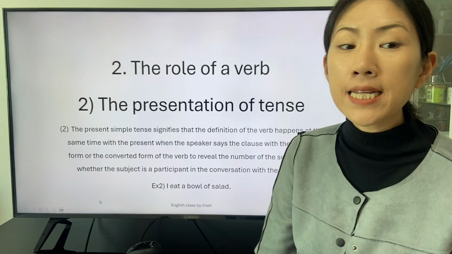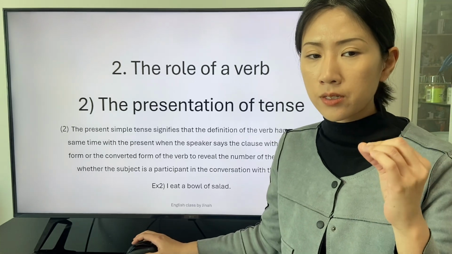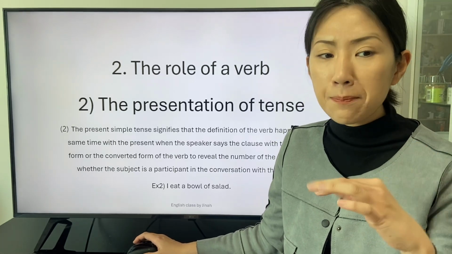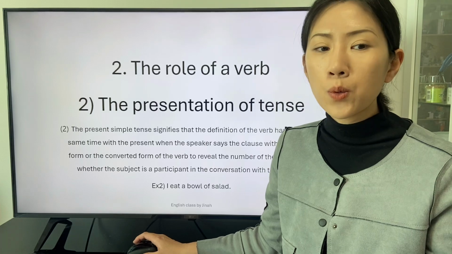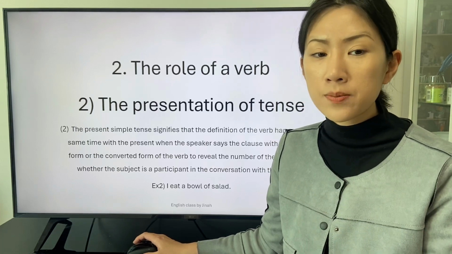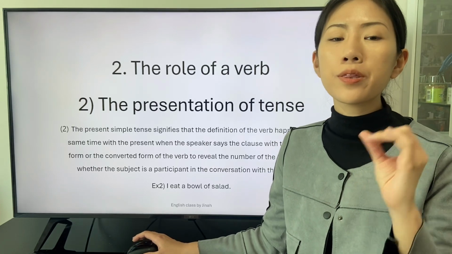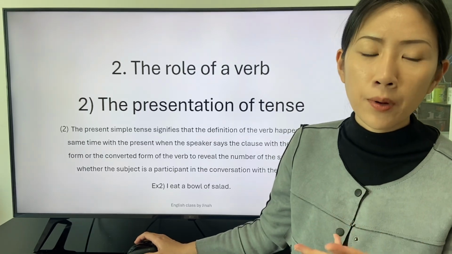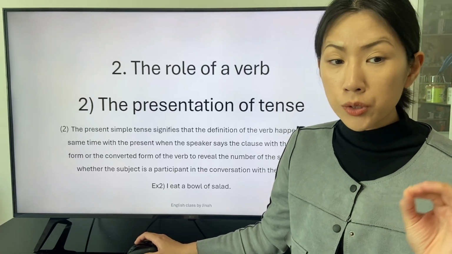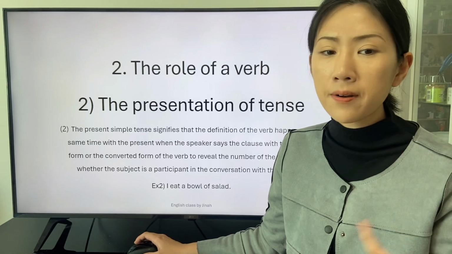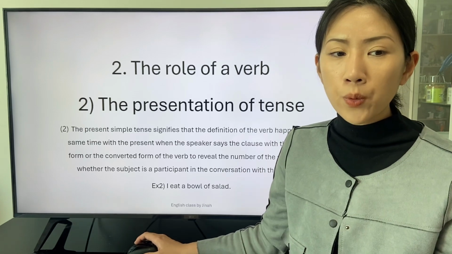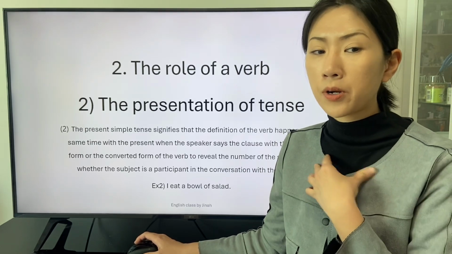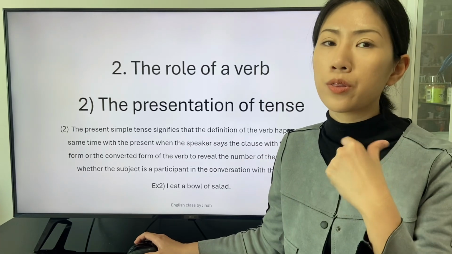Second, the present simple tense signifies that the definition of the verb happens at the same time as the present, when the speaker says the clause with the original form or the converted form of the verb to reveal the number of the subject and whether the subject is a participant in the conversation with the speaker.